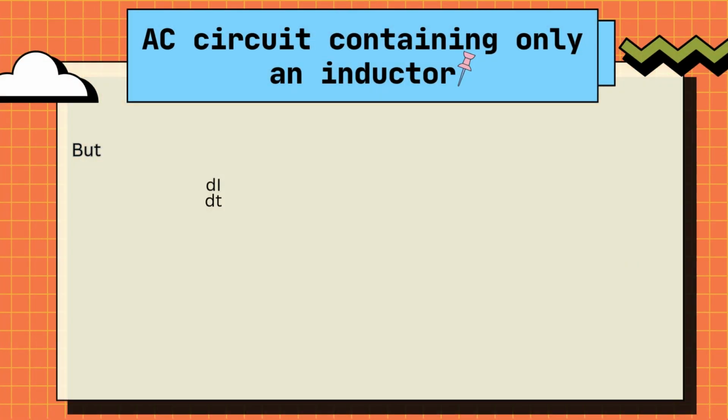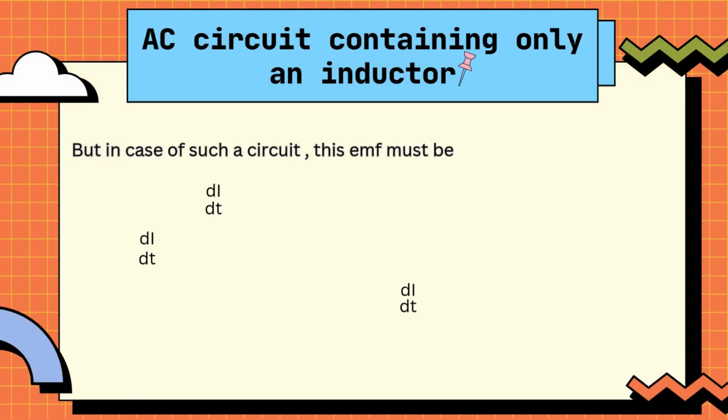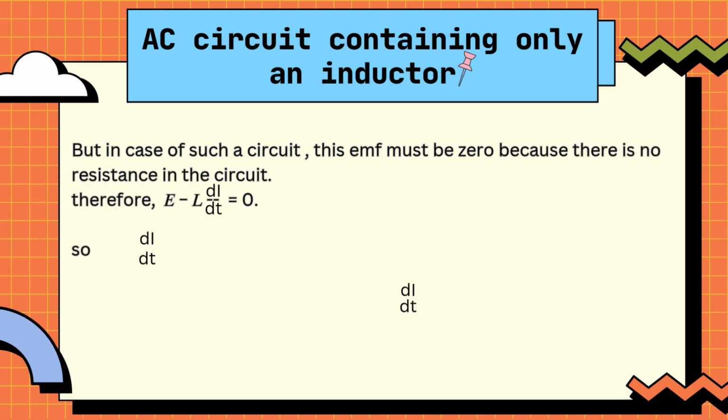But in case of such a circuit, the net EMF must be zero because there is no resistance in the circuit. Therefore, we can equate this equation to 0. Therefore, E is equal to L di by dt. So from equation 3, we see that this EMF should be equal to this instantaneous EMF.